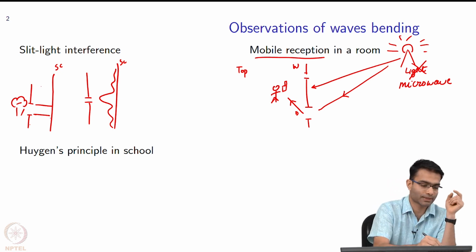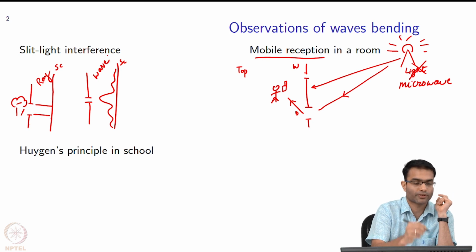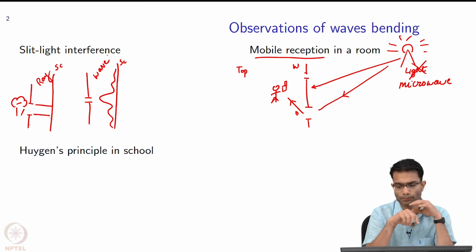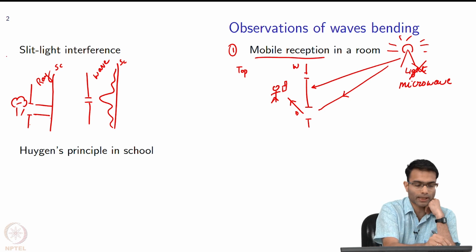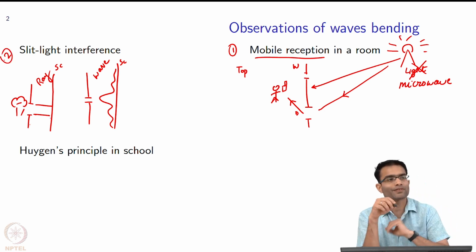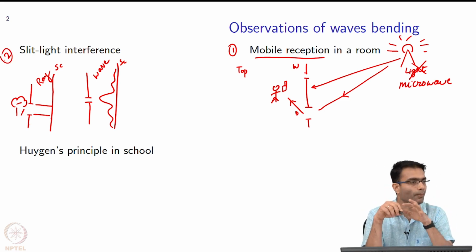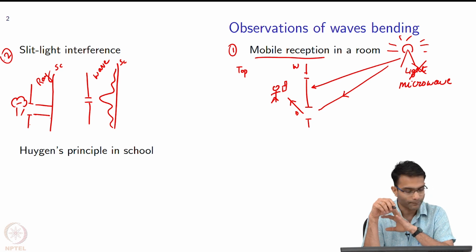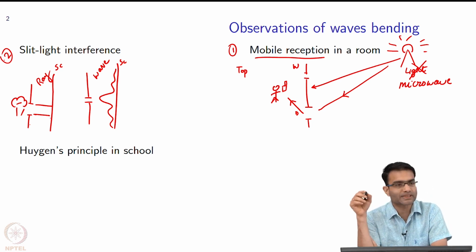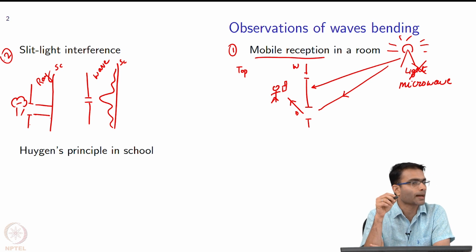If it were rays, then this is the picture, but this is the wave picture. So, in both of these examples, example 1 and example 2, we get a physical idea that waves seem to bend. In school we studied that this is happening because of what was called Huygens principle.